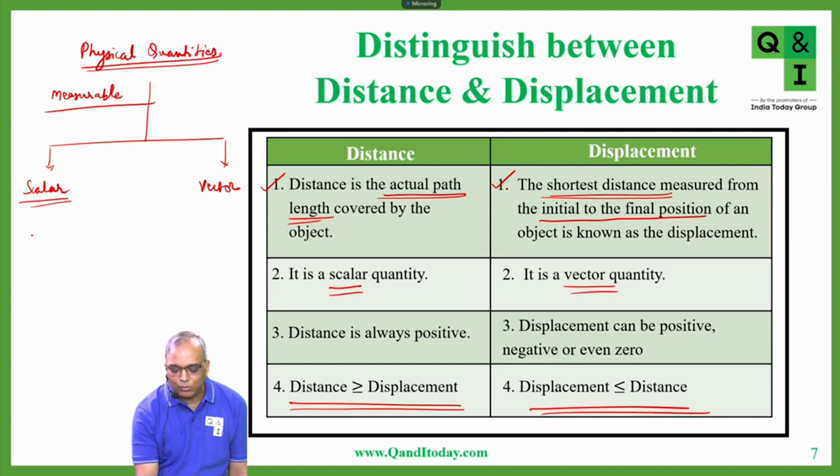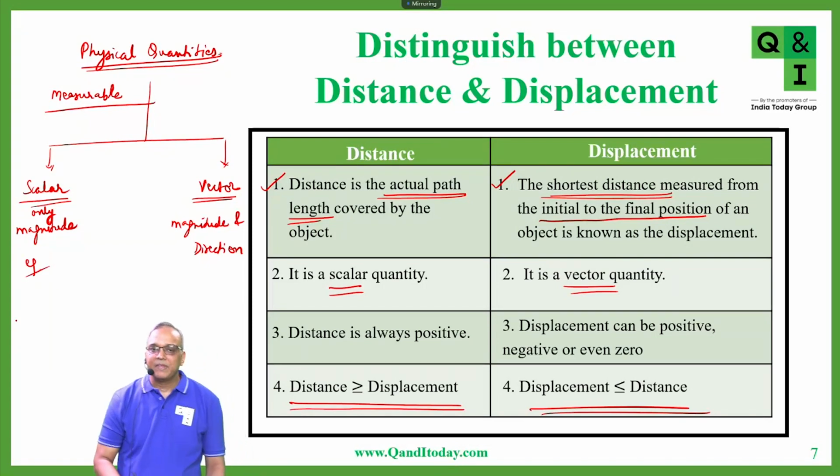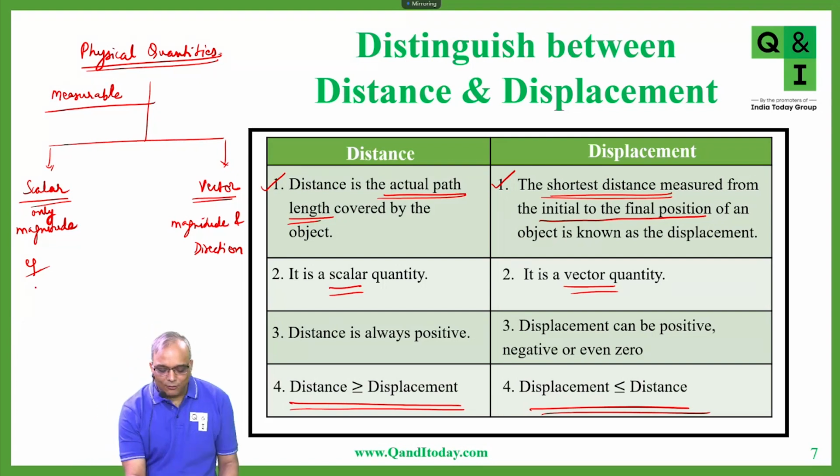Scalar quantities are those which have only magnitude, and vector quantities are those which have magnitude and a direction.